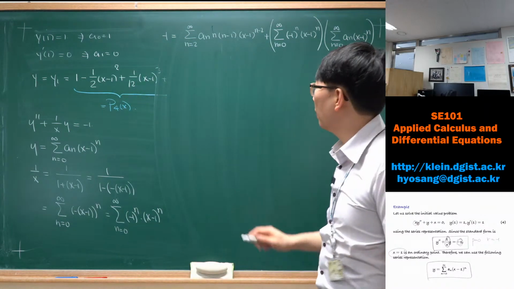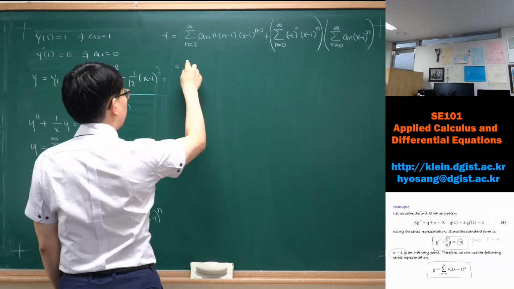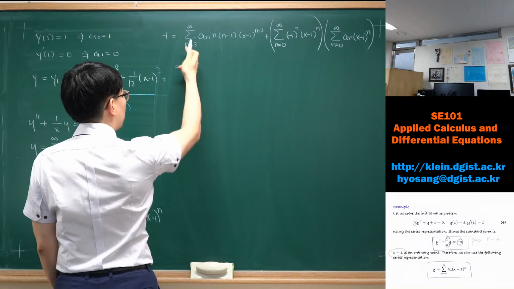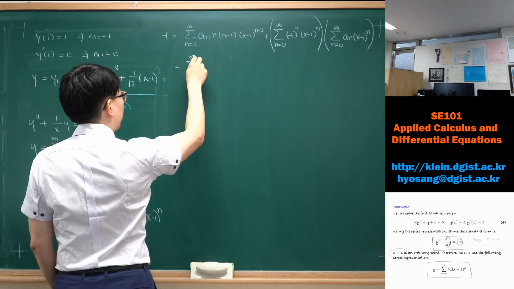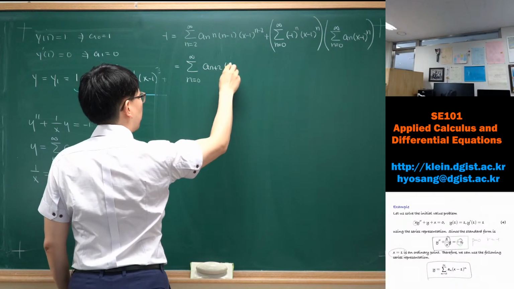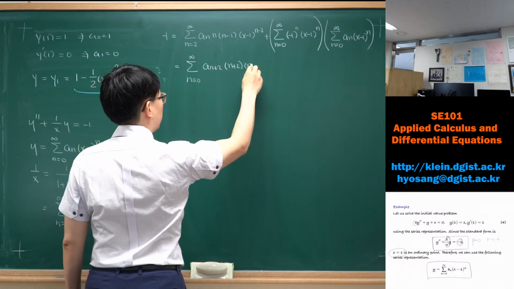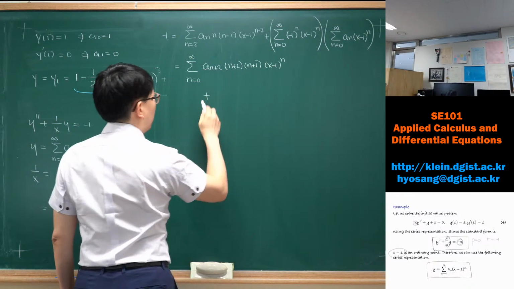The whole thing must be equal to negative 1. So for the first sum, if you reindex your n so the exponent starts from 0, this is a n plus 2, n plus 2, n plus 1, x minus 1 to the power of n.